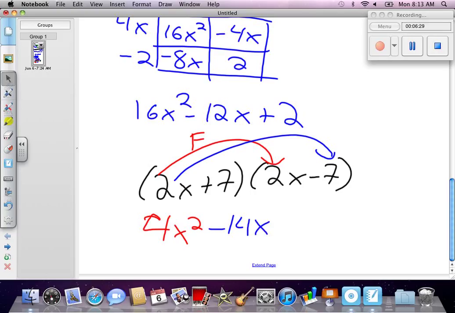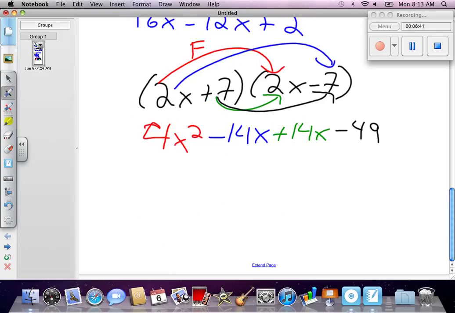Then I'm going to do inside, positive 14x. And then I'm going to do outside, negative 49. And I can combine the two terms in the middle. And I get 4x squared minus 49.